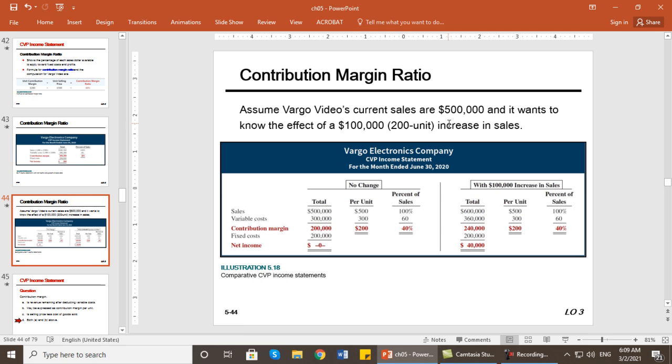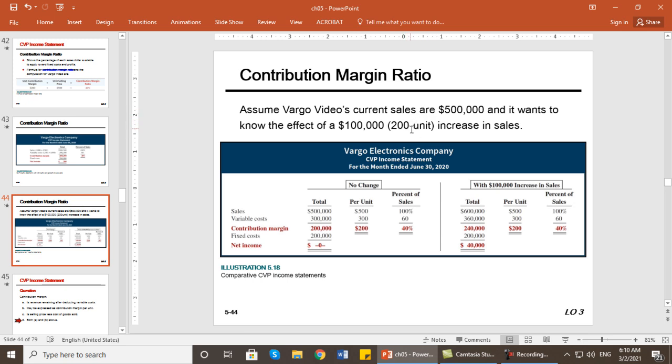An increase in sales after this sales level will contribute directly to net income. As you see, contribution margin per unit, we calculate below, 200.